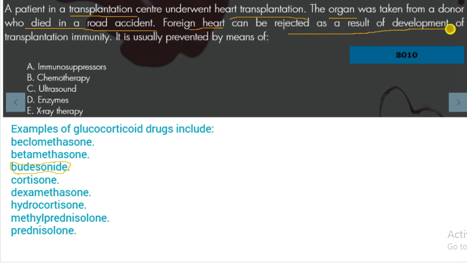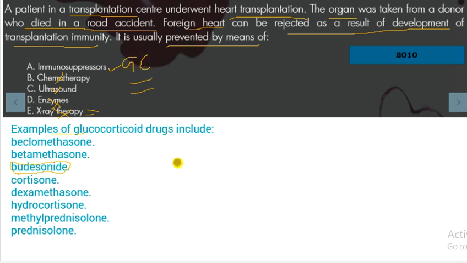A foreign heart can be rejected as a result of development of transplantation immunity. It is usually prevented by means of X-ray therapy? No. Enzymes? No. Ultrasound? No. Chemotherapy? No. Immune suppressors, for example glucocorticoids.